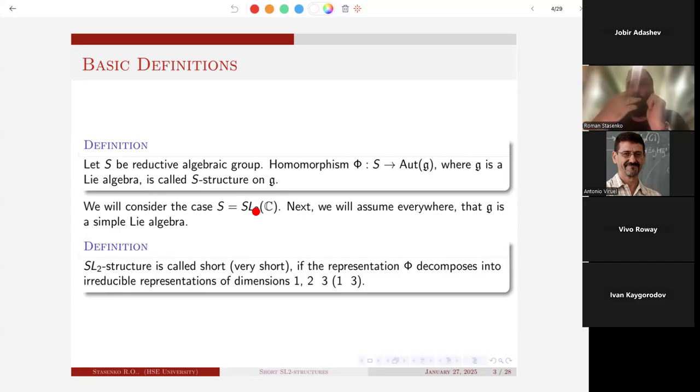Of course, we don't say that very short is a case of short SL2 structures. They have a very big difference. So these are two different cases.